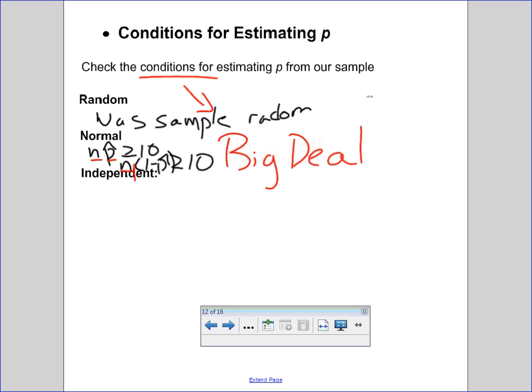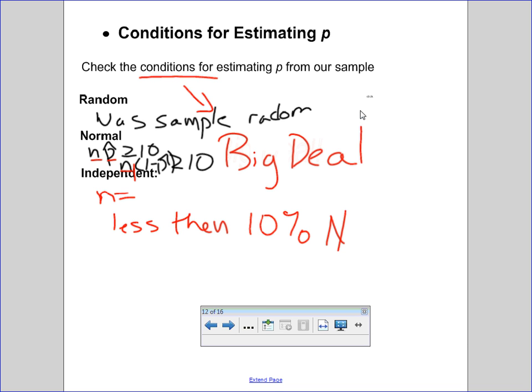And then independent: you'd have to say your sample size and show that it's less than 10% of the overall population. Once again, you're going to have to either mention what the overall population is and your sample size and mathematically show with a simple calculation that it's less than 10%, or say it's reasonable to assume that there are more than a certain number of people in the population.